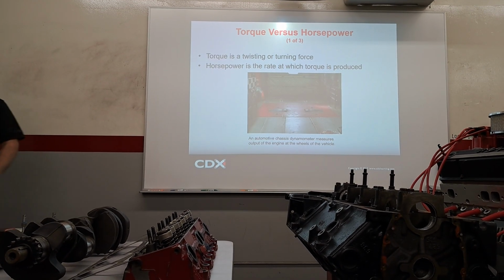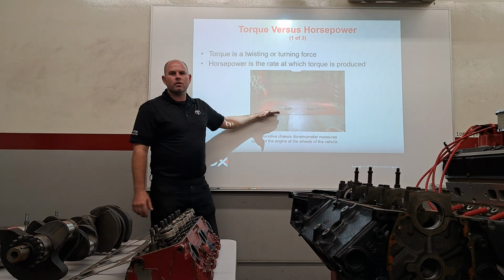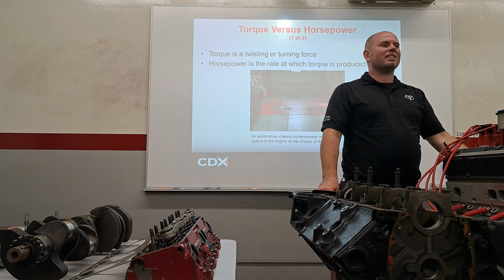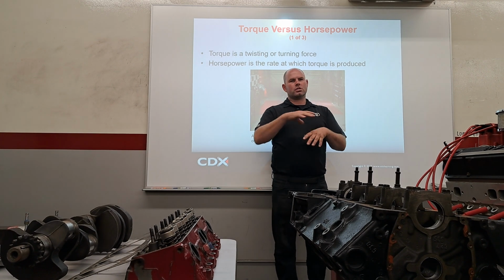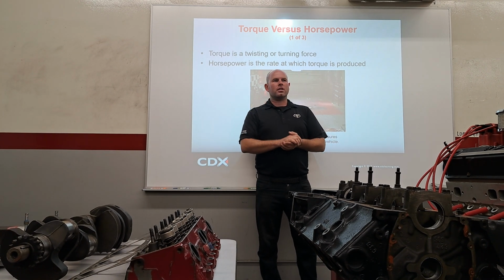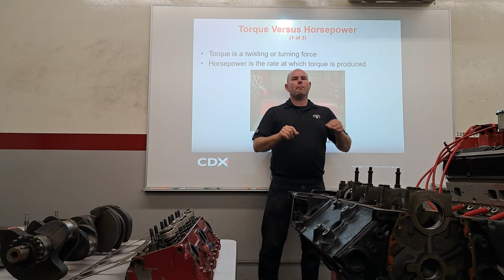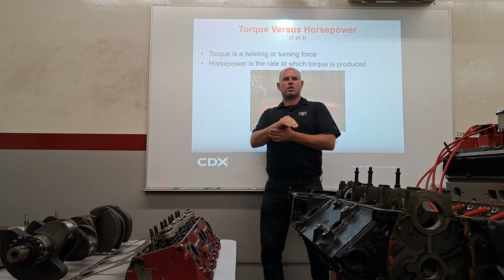Now, we talked a lot about this, horsepower and torque, but again, what does a dyno measure? It measures both. Exactly. So the dyno will actually measure the twisting force, so that's the force, the work, but it'll also do that calculation, and that'll be able to determine power.